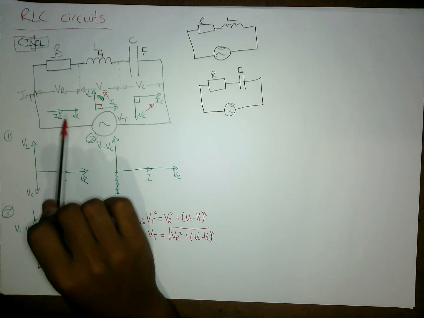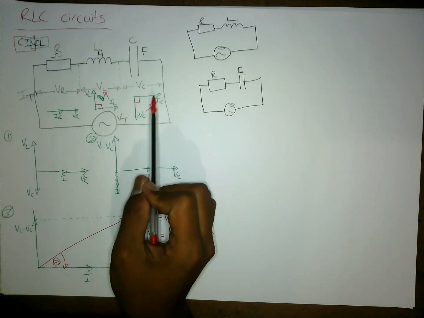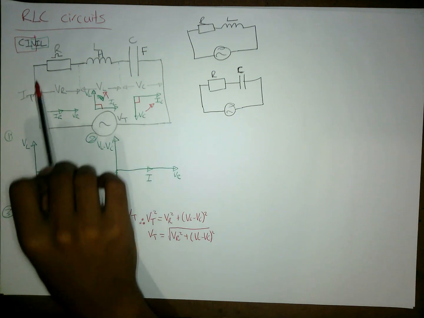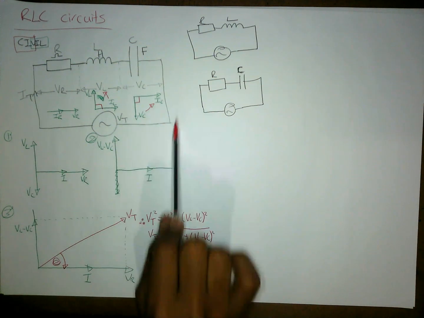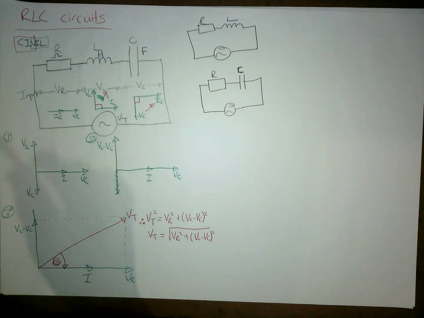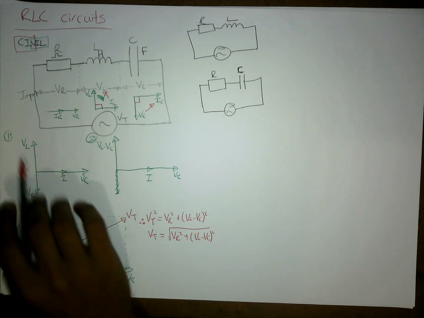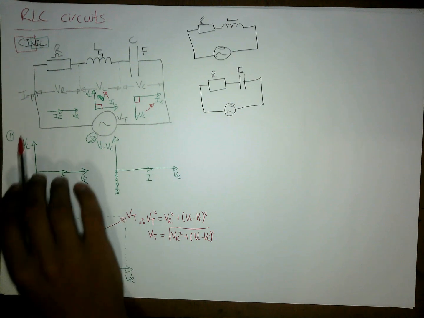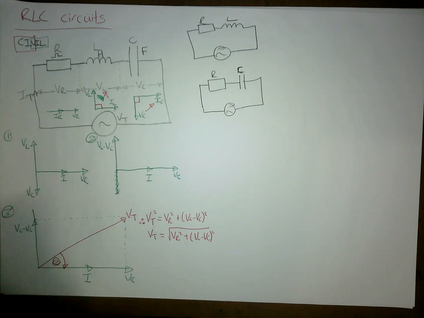And the current is equal throughout: IR equals IL equals IC, which equals I total, because the current in a series circuit is the same throughout. So here is the phasor diagram of our RLC circuit.